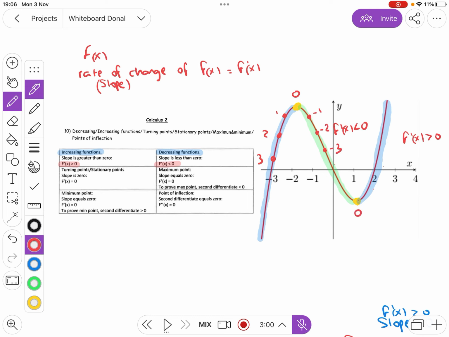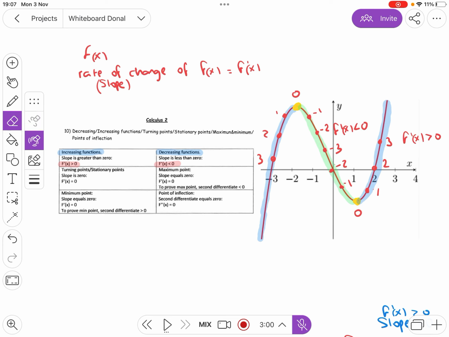But eventually, knowing that I have to get back to 0, I'm going to have to do -2, -1, and I'm back at 0. And then over on this side here, I'm back doing a 1, a 2, a 3. Again, those numbers are made up. It's just to have an idea of what the numbers are. I'll get rid of these bits in the middle just so we can see it a bit better. So they're the slopes, and again, they're made up slopes, but it's the idea we're looking at here.